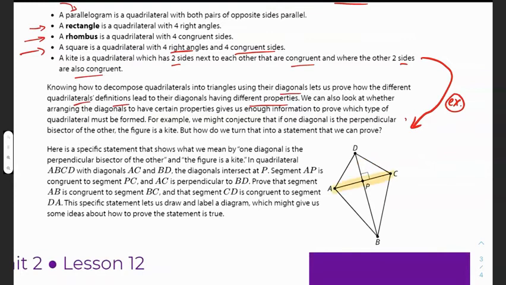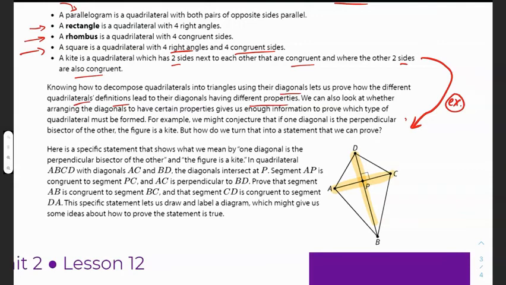Right, they gave us this diagonal here, right? And in this statement, they say one diagonal is the perpendicular bisector of the other, and the figure is a kite. Okay. In quadrilateral ABCD, so the image I just highlighted there, the diagonals AC and BD intersect at point P.